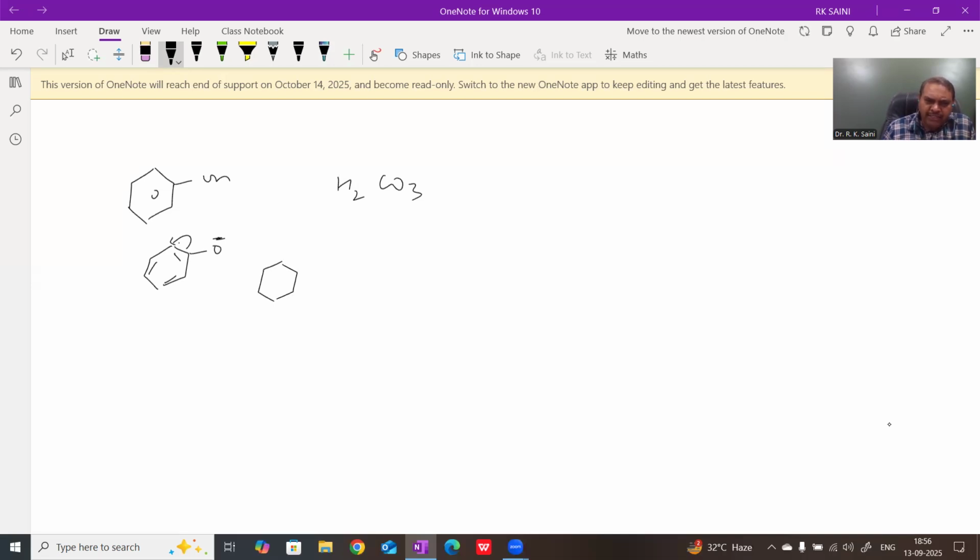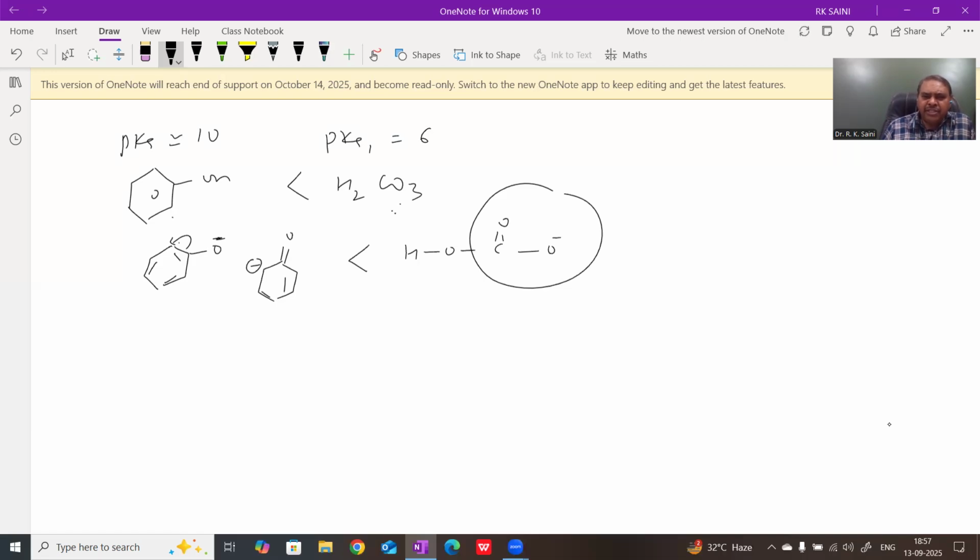Therefore, the unsynchronized resonance is not as effective as synchronized resonance. But in the case of the bicarbonate ion, the resonance is synchronized because the negative charge disperses only at oxygen. When two oxygens take part in resonance and carry negative charge, the bicarbonate ion is more stable than the phenate ion. It means carbonic acid, H2CO3, is more acidic than phenol. The pKa of phenol is nearly 10, and the pKa1 of carbonic acid is nearly 6.38. It means phenol is less acidic than carbonic acid.